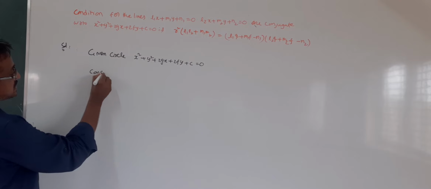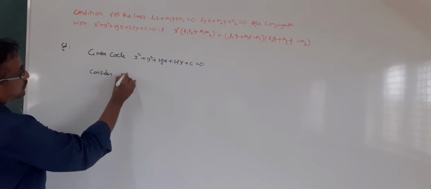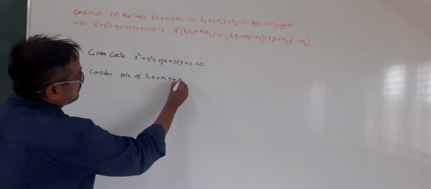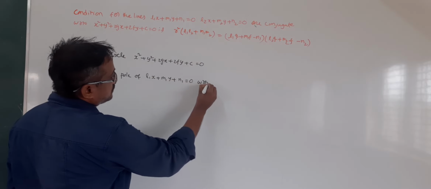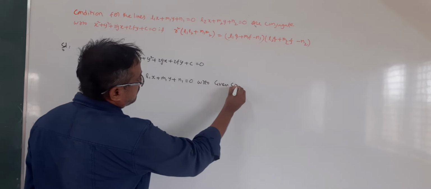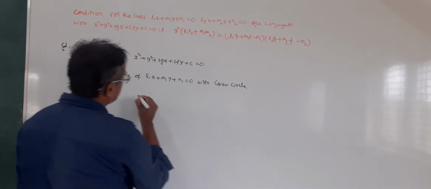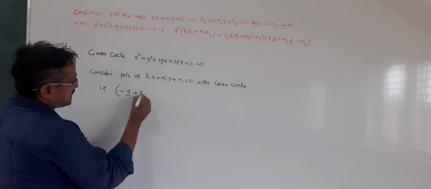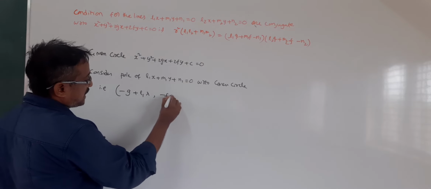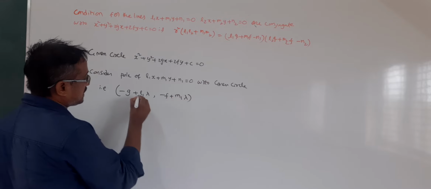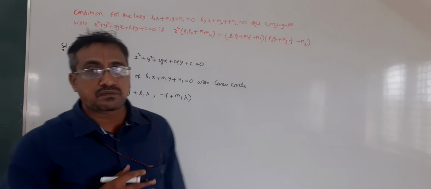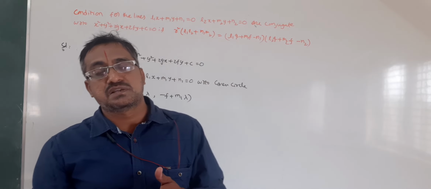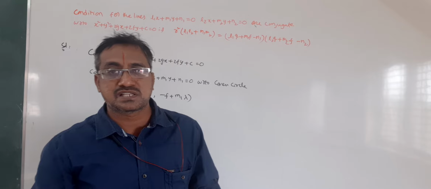Now consider the pole of L1x + M1y + N1 = 0 with respect to the given circle, that is (-g + L1 λ, -f + M1 λ). Now the pole of the line with respect to S = 0 is (-g + Lλ, -f + Mλ).